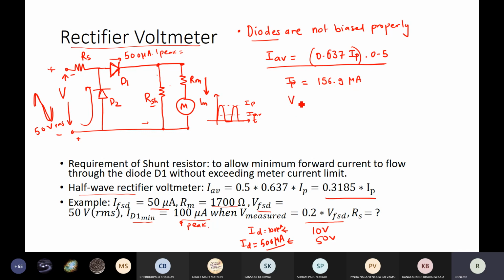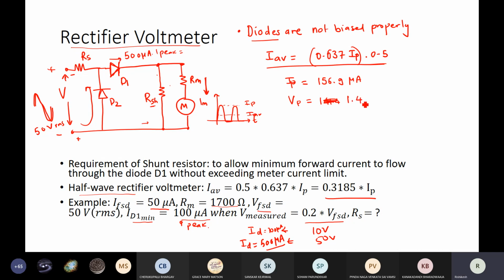What is the peak voltage? 50 volt is given as RMS, no?